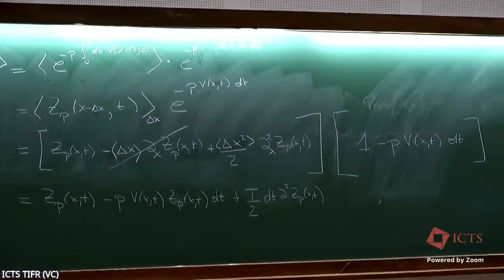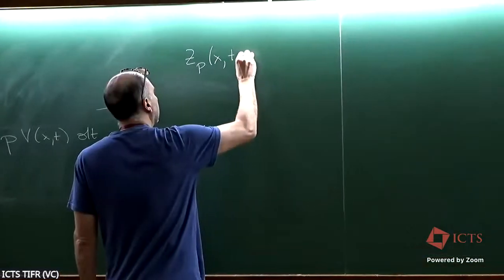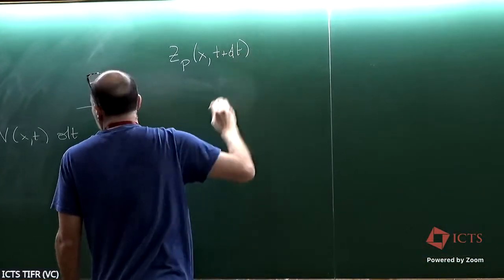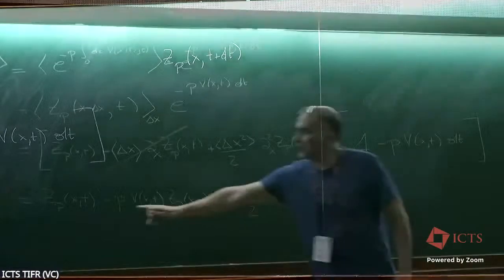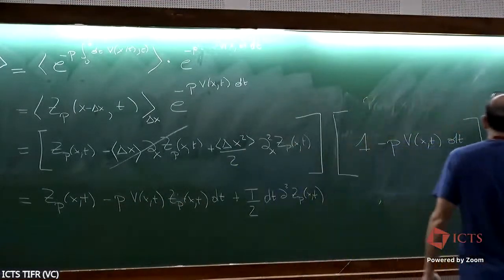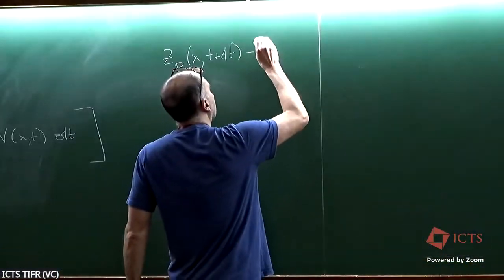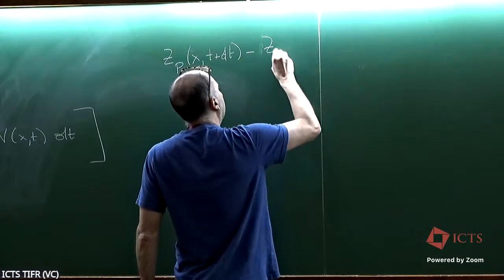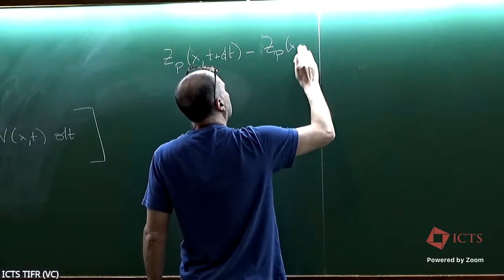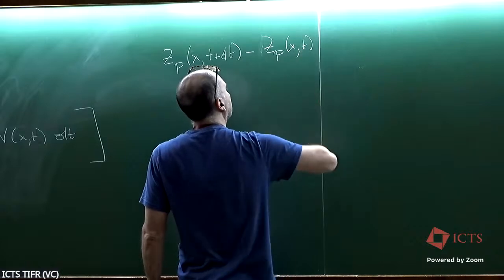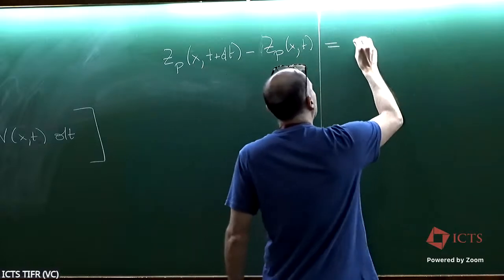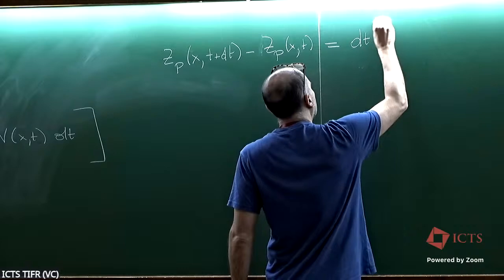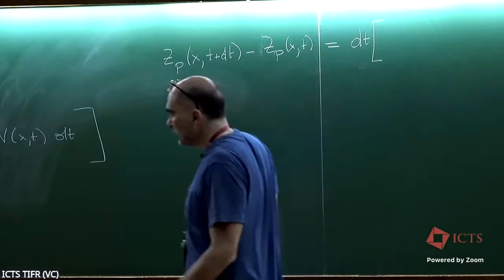And so what I have is that z_p(x,t+dt), this term I can put on the other side, minus z_p(x,t), is equal to dt that multiplies two terms.